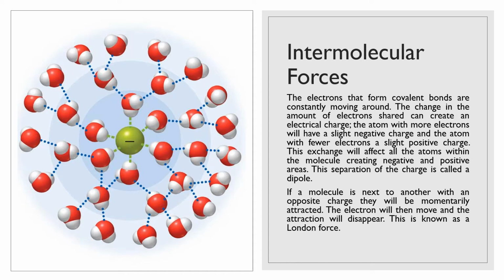This exchange will affect all the atoms within the molecule, creating negative and positive areas. This separation of the charge is called a dipole. If a molecule is next to another with an opposite charge, they will momentarily be attracted. The electron will then move and the attraction will disappear. This is known as a London force.